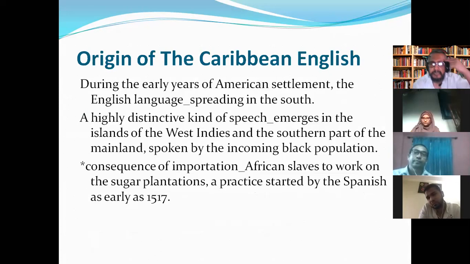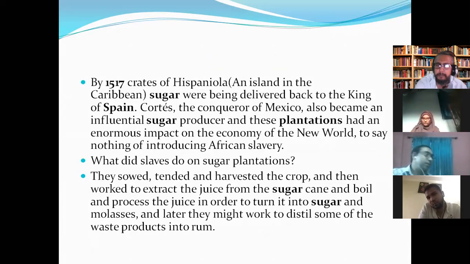This sugar plantation project was started by the Spanish government. And by 1570 Hispaniola, an island in the Caribbean, sugar was being delivered back to the king of Spain.